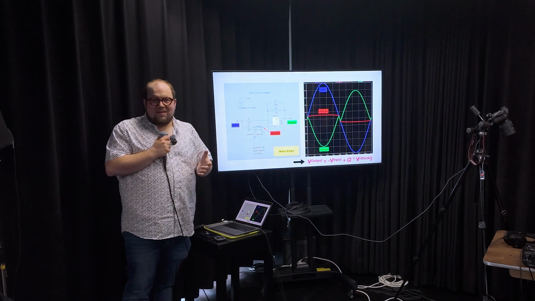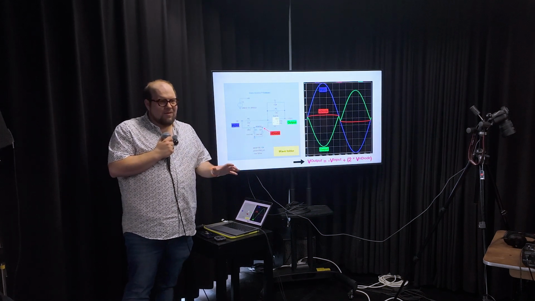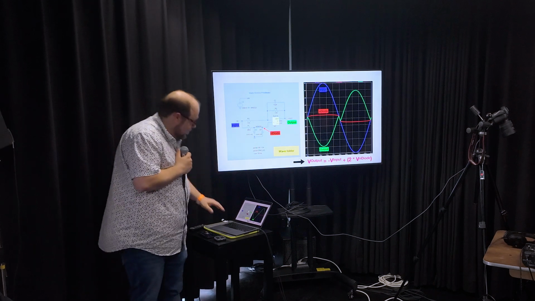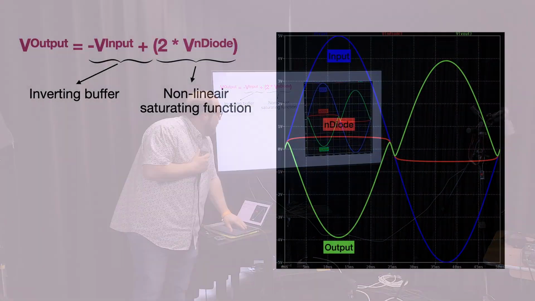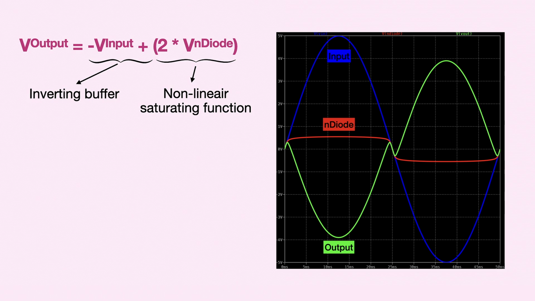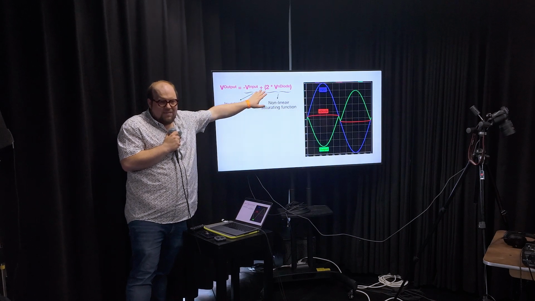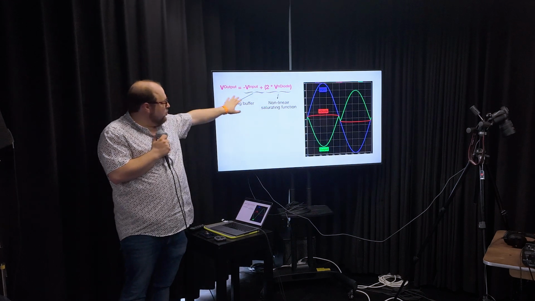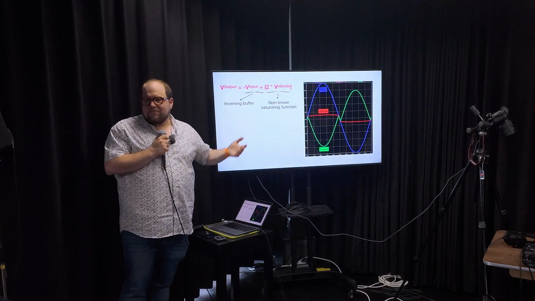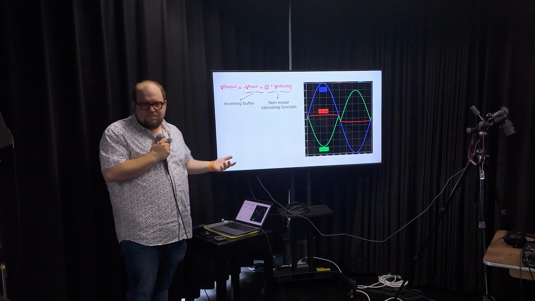Is everybody seeing that? Is everybody still following along? Okay. So if we look at this equation, this is the inverting buffer. And then the other portion is summed with a nonlinear saturating function. So an overdrive, if you will.